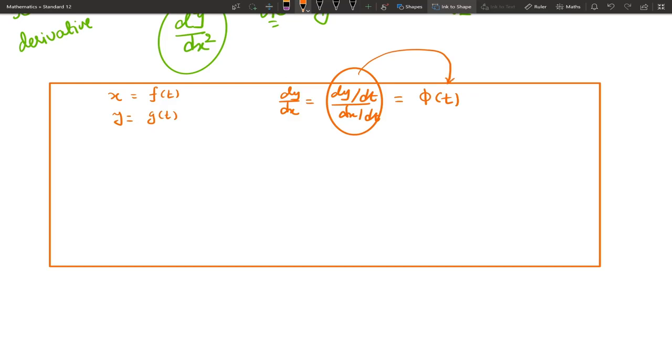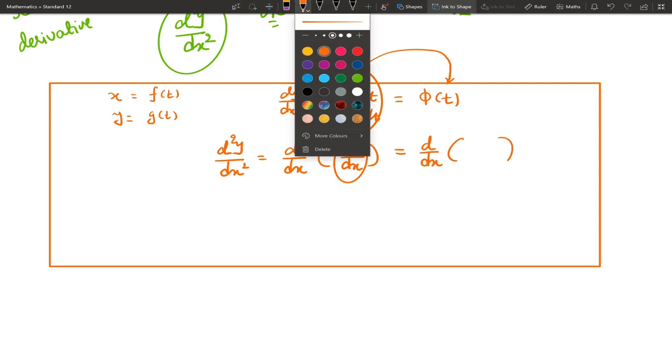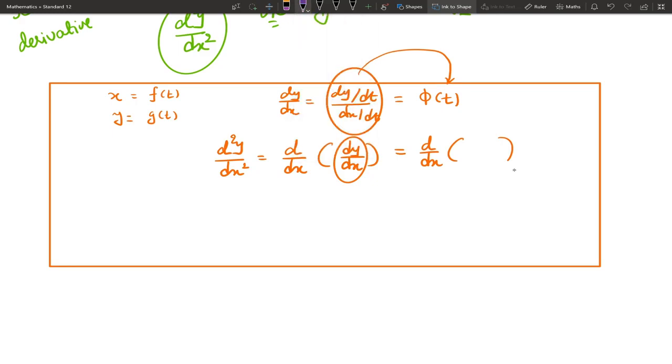So in this case, when you obtain the second order derivative d2y by dx2, this is d by dx of dy by dx, but inside, dy by dx is a function of t, phi of t.